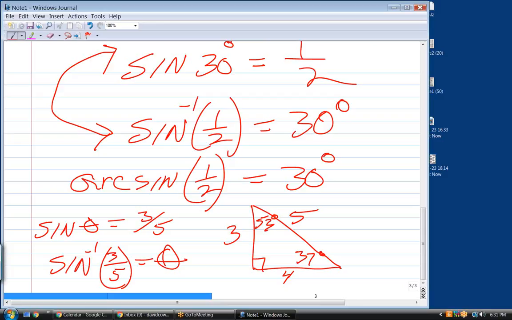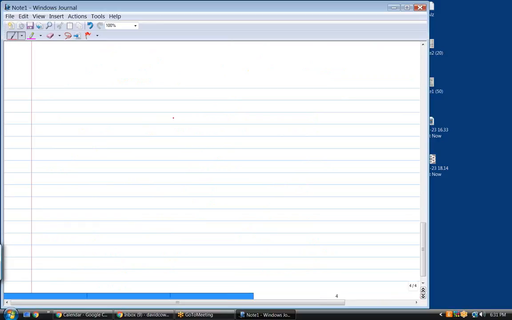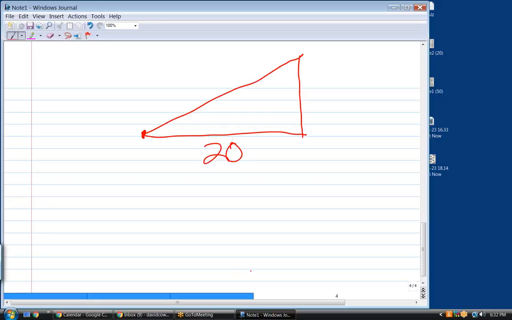But my point here is that we use inverse trig functions to find angles. If you were standing right here and there was a light pole or a mountain or whatever, and you knew you were 20 feet from that light pole, and the light pole was 6 feet high, and you want to know what that angle is.